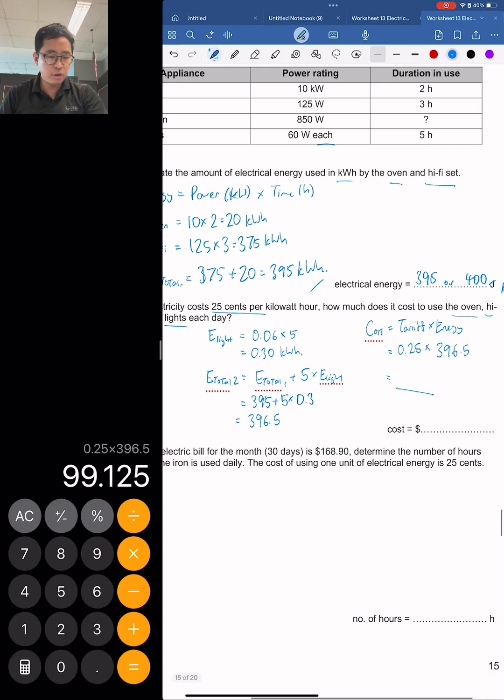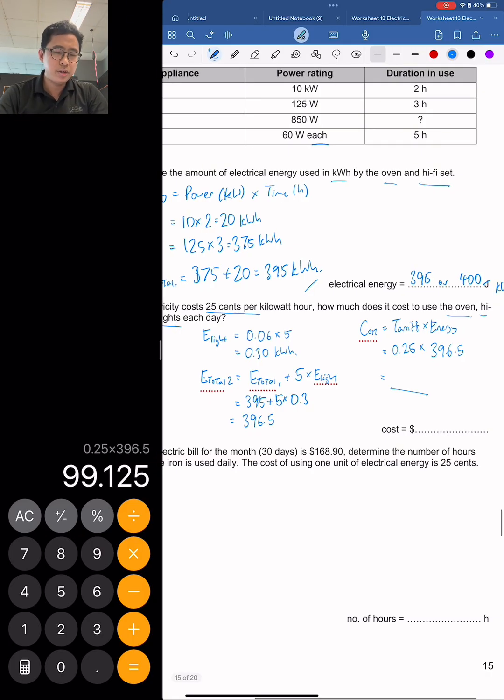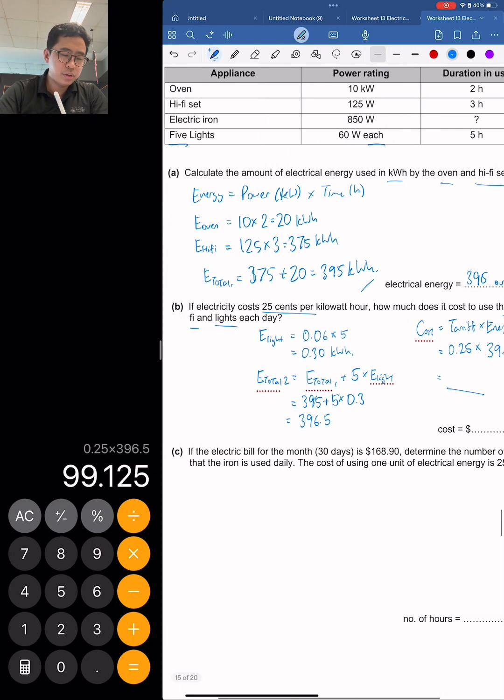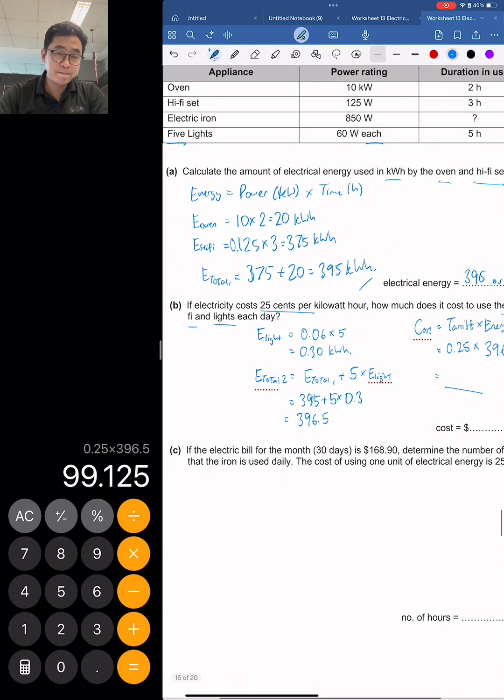Oh, this is wrong. Okay. I need to convert this to kilowatts. So this is 0.125. Okay, I made a mistake. Let me just go back and do this. No wonder the numbers look weird.